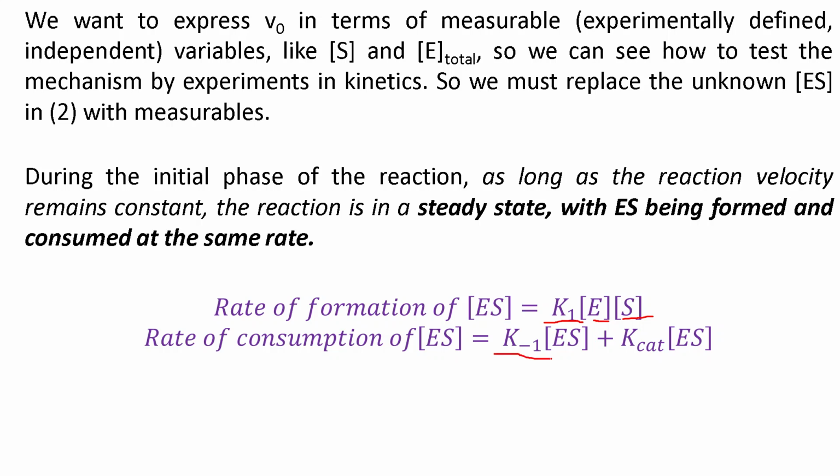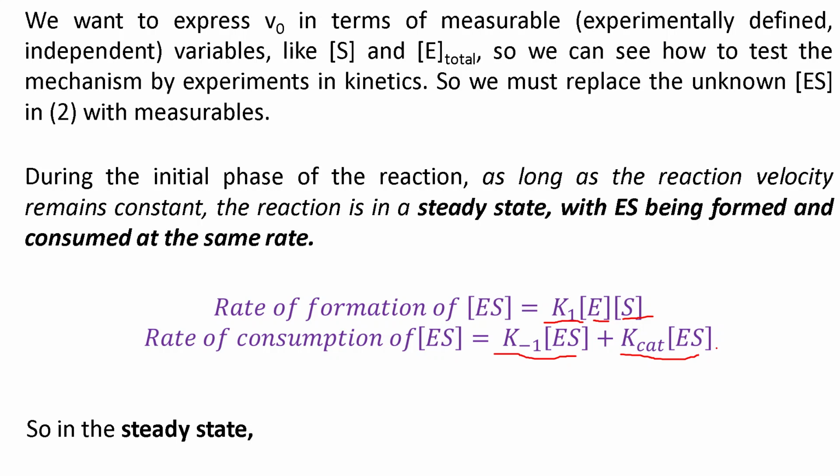When it is broken down into E and S, it will be K minus 1 multiplied by ES. When it is broken down to form products, which is actually the rate of the reaction, it is K cat multiplied by ES. So the rate of consumption is when we add these rates together.